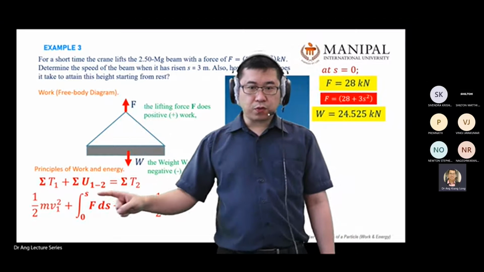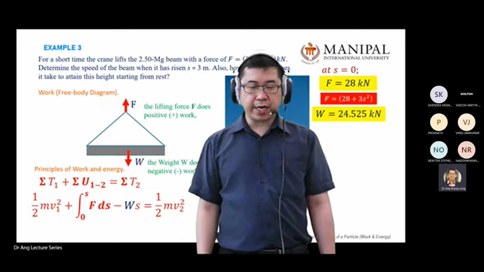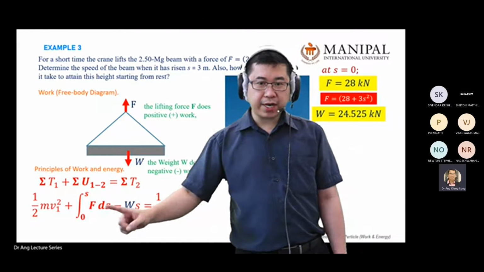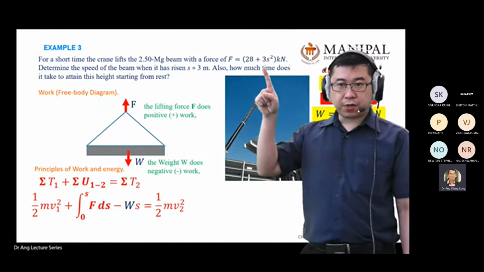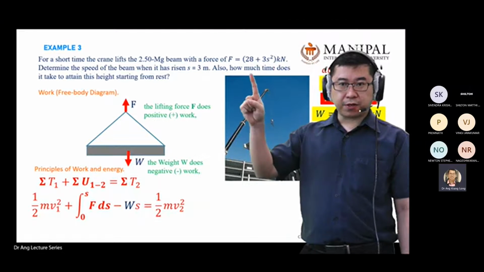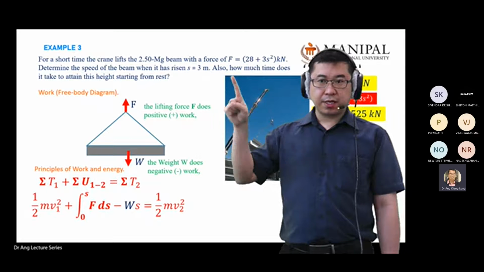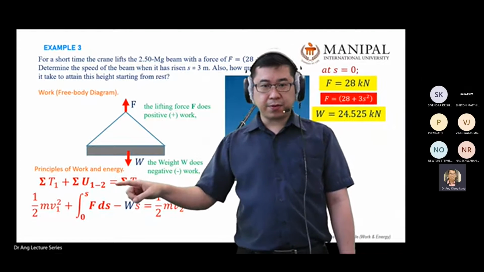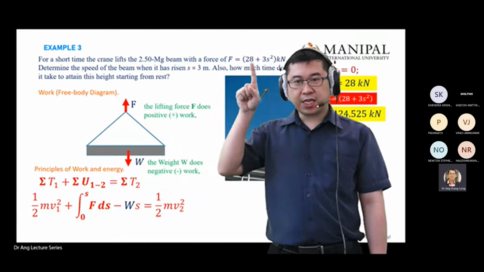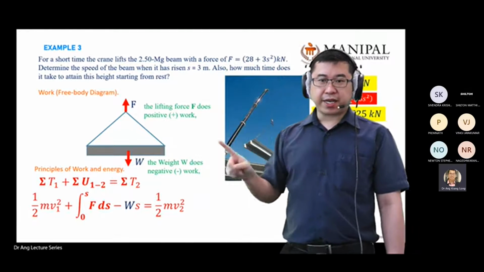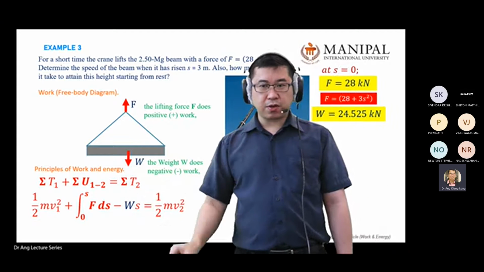Work done by the force equals force times displacement. However, why do we integrate? Because your force is in the equation. So this is just an example. Every time you see an equation in the question, expect integration in your working.